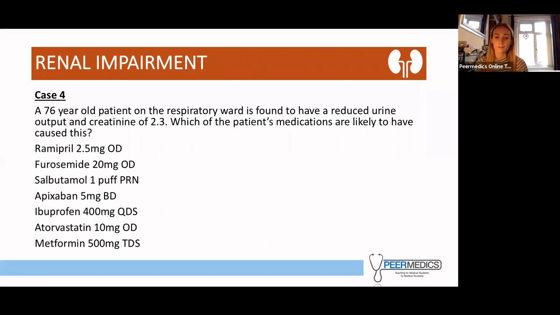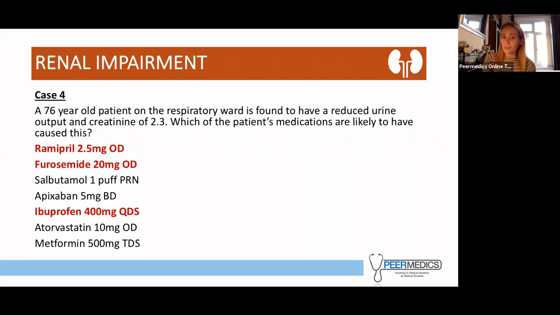Any others? Okay, so the ones that could cause this are ramipril, furosemide, and ibuprofen. Metformin would not cause this usually. So basically what's happened to this patient? Yeah, so he's got an AKI.